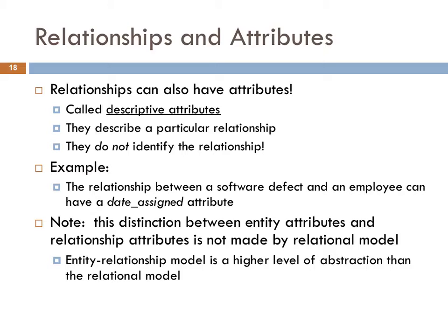Relationship sets also map to relations. But they have a slightly different behavior. Okay? So you can see that this is a higher level of abstraction. You could think of the relational model being like C++, or C, if you will. And entity relationship model is like Python or Java, something that's higher level and allows a little bit more abstraction.